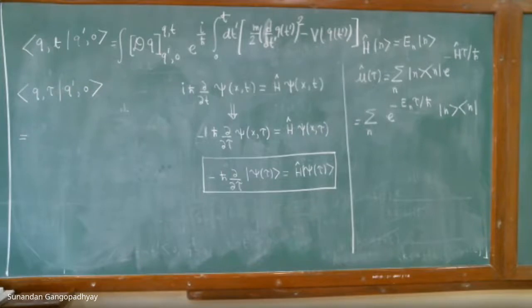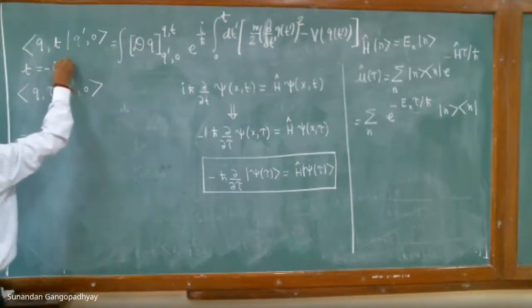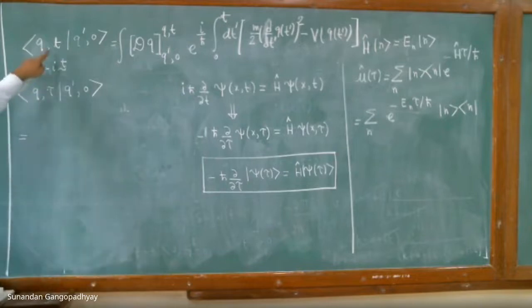And now what we do is we set t equal to minus i t tilde. Now I make this t imaginary. Let me make this t imaginary and see what we get.